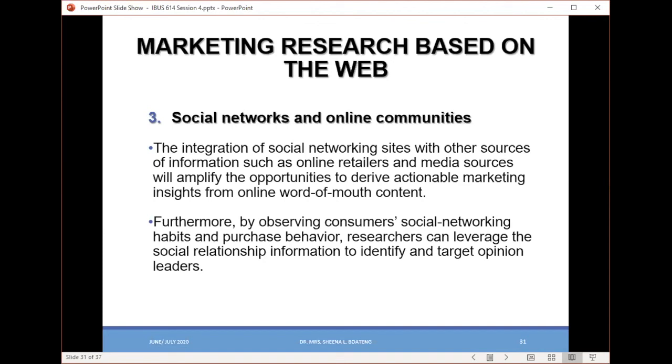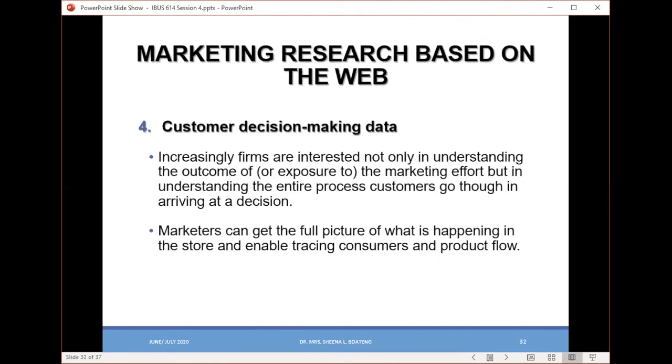And once the information is provided and people begin to chime in, it gives the firm an objective view of consumers' perceptions of their products and services, of how consumers feel about their products and services, as well as the products and services of competitors and other products that perhaps the company is not selling, right? So researchers can leverage the social relationship information that is provided through these interactions to identify and target perhaps even opinion leaders, to know who to send their communication to influence the entire customer base.